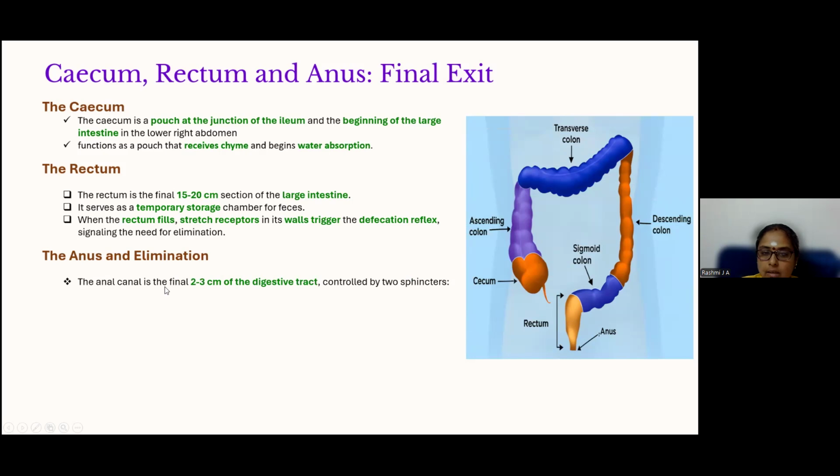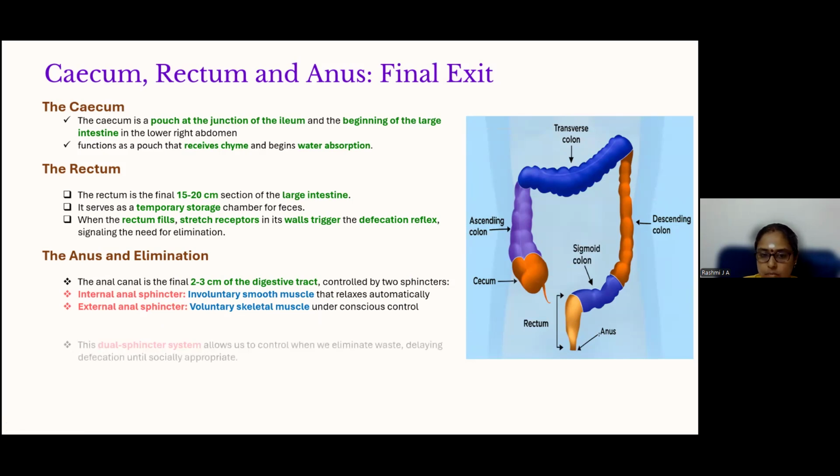The anal canal is the final 2 to 3 centimeters of the digestive tract. It is controlled by two sphincters, one internal and one external. The internal is involuntary smooth muscle that relaxes automatically. The external is voluntary skeletal muscle; it has conscious control.